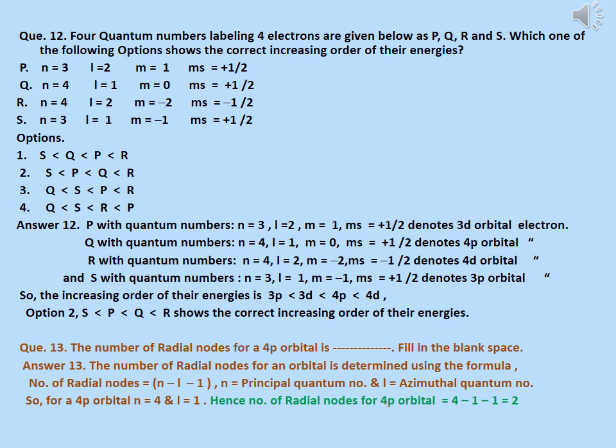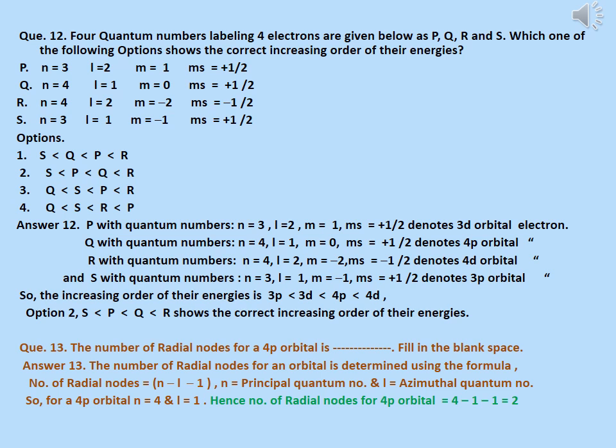S electron with quantum numbers n equal to 3, L equal to 1, M equal to minus 1, and MS, spin quantum number of the electron, is plus half. If L is equal to 1, then it denotes p orbitals which are present in the third shell. So it denotes a 3p orbital electron. So now we have 3d, 4p, 4d, 3p orbital electrons.